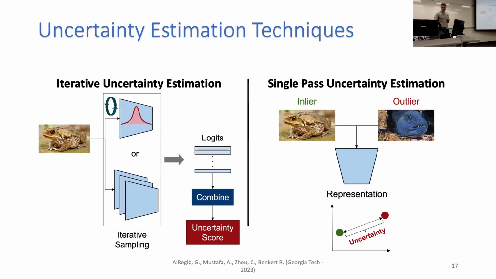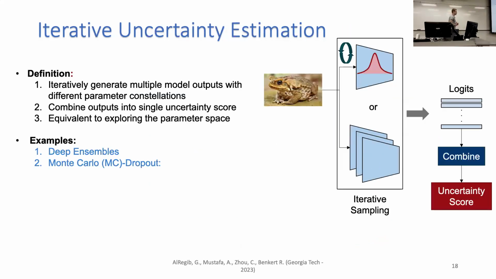Let's start with the iterative uncertainty estimation piece. The idea is pretty straightforward. You iteratively generate a bunch of different predictions. Then you can already imagine that the amount of disagreement among these different predictions, depending on how you generate them, should ideally reflect the uncertainty the model has within this particular data sample.